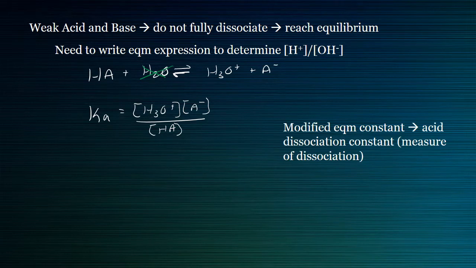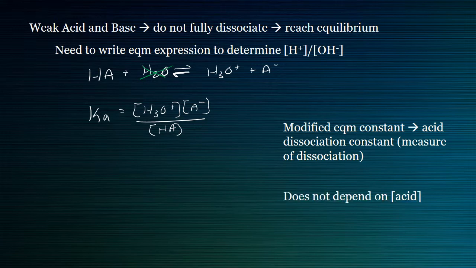So this is what we consider a modified equilibrium constant or expression because we took away the water, because water is part of Kw. And the Ka is what's going to give you a measure of dissociation. So how strong is your weak acid in this instance?